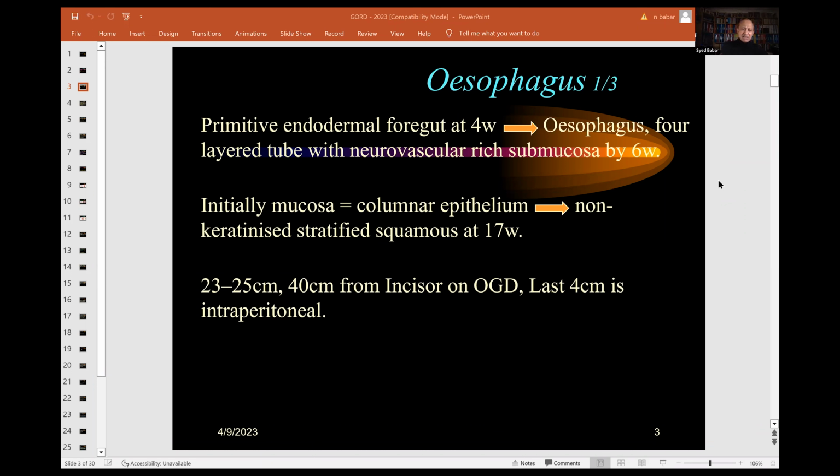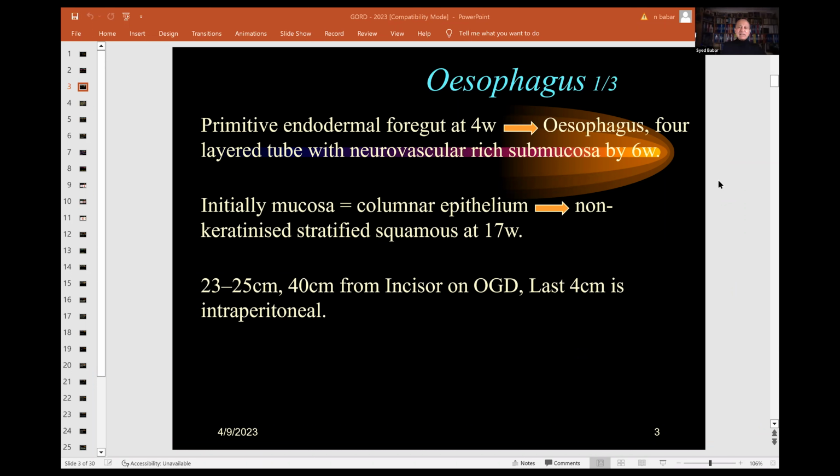So the relevant aspect to remember is that it has only 2 layers of muscles, longitudinal throughout the length of the esophagus, as well as circular in the region where valvular mechanisms exist. Originally, as it develops, it does have a mucosa lined with columnar epithelium, as is the stomach.